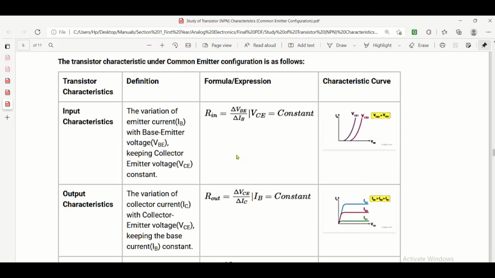We should be very clear that the collector to emitter voltage should be kept constant.